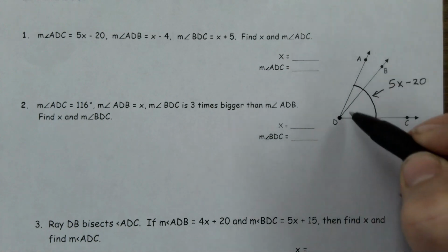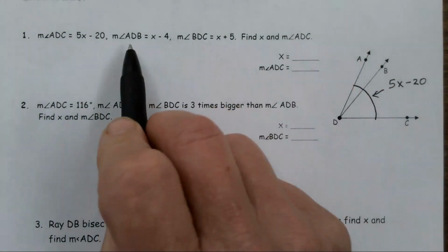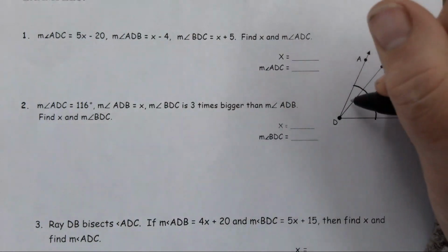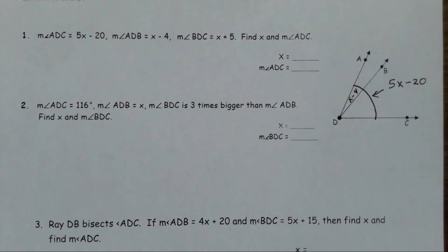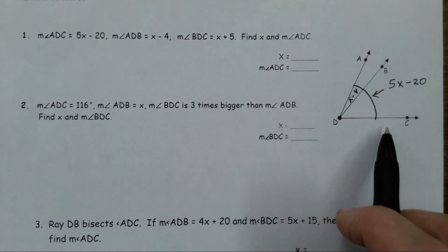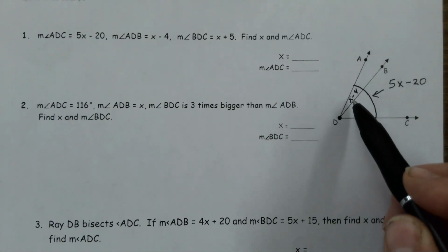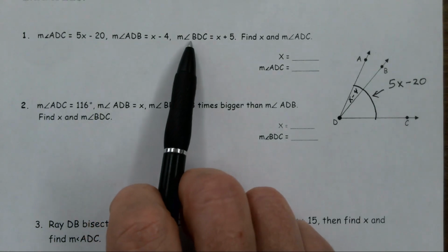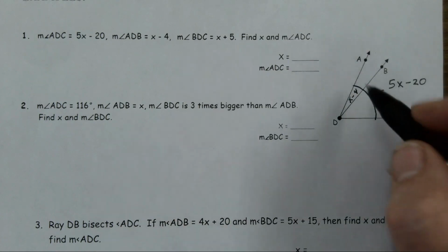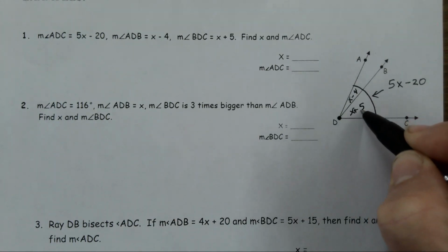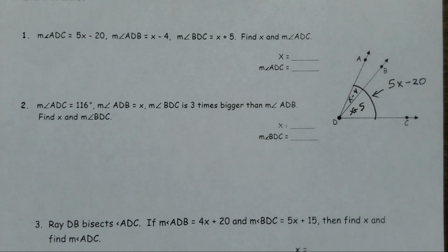ADB, this little piece right here, is x minus 4. So I'll sneak that in here, x minus 4. That's the little piece. So the big angle was 5x minus 20. This little piece is x minus 4. Then it tells me that the measure of BDC is x plus 5. So I'll put x plus 5 here. The sum of the parts equals the whole. Let's do some algebra. Who can set up my equation?